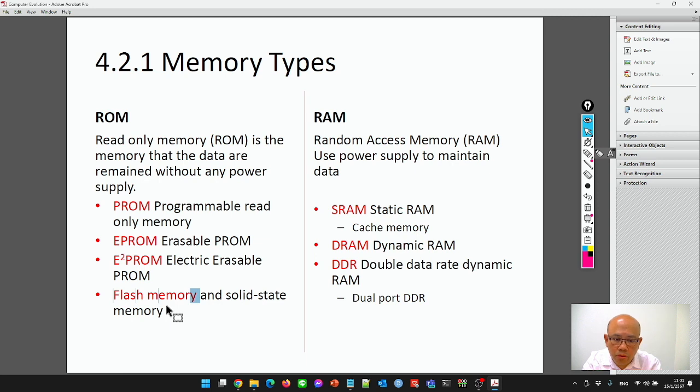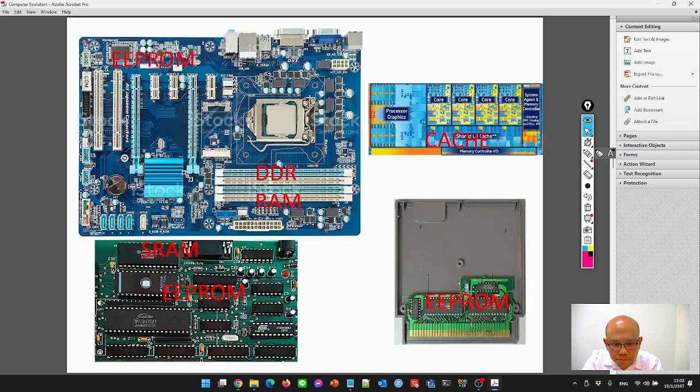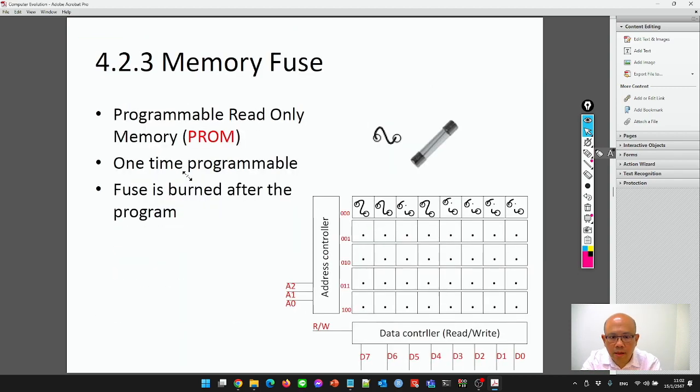Before I tell you about the flash drive, I show you the structure of PROM and EPROM. Okay, for this topic, my slides are not in order, so we move to the slide about the PROM first. Yeah, this is the structure of PROM.